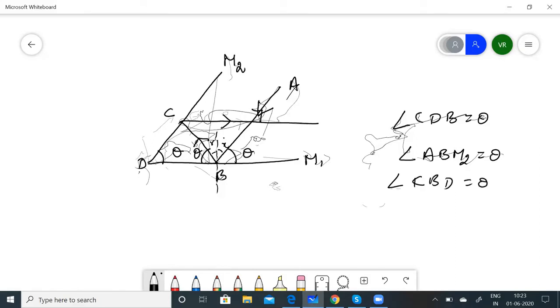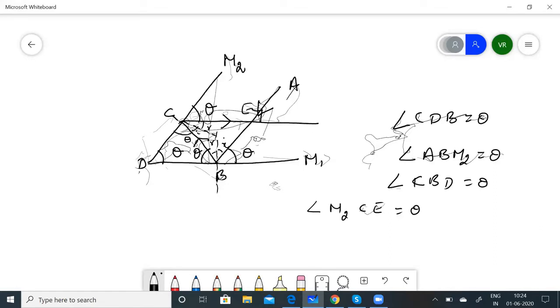Now this is theta. Angle M2CE, let me mark this as E, is also equal to theta because these are corresponding angles. Again, when I draw the normal here, this is i and this is r. Now i is equal to r, so this angle will again be theta.